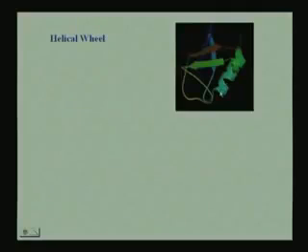Now, if I look at the alpha helix and I know that surrounding here I have solvent, right? I have particular residues that are actually sticking out from the helix. All my R groups are sticking out from the helix. If I say that this part is associated with the solvent and this part is associated with the core of the protein, what do I expect these amino acid types to be?